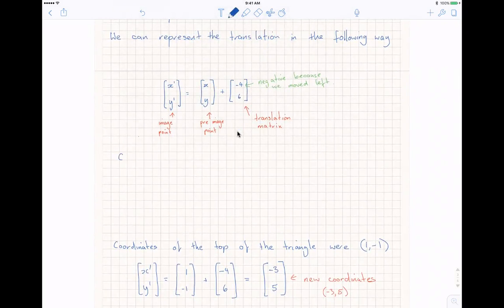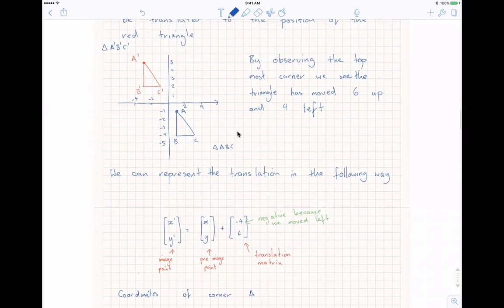So the coordinates of corner A, if we have a look back on our diagram, are 1, minus 1.